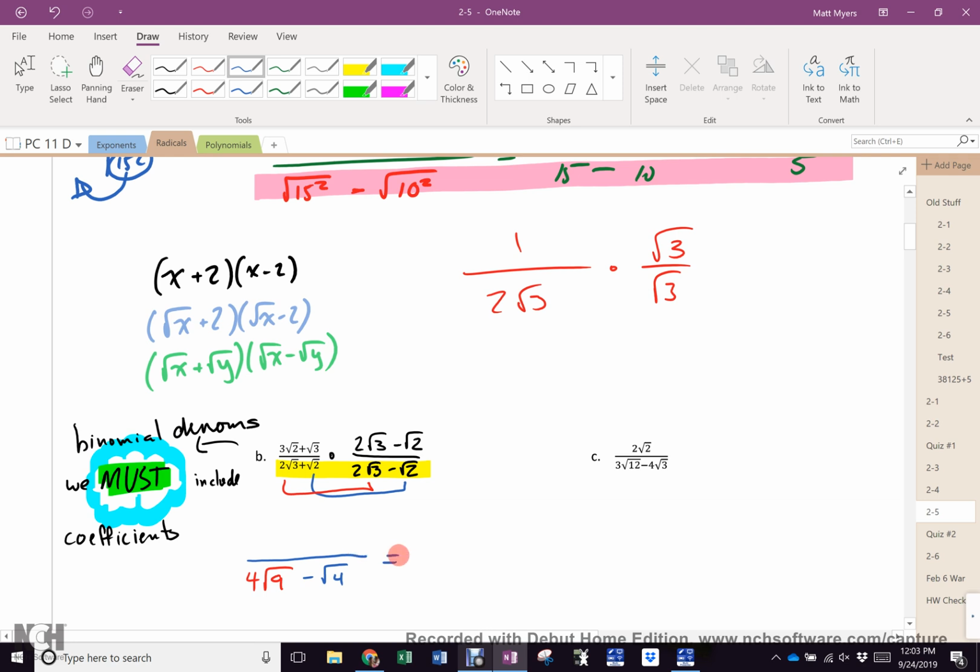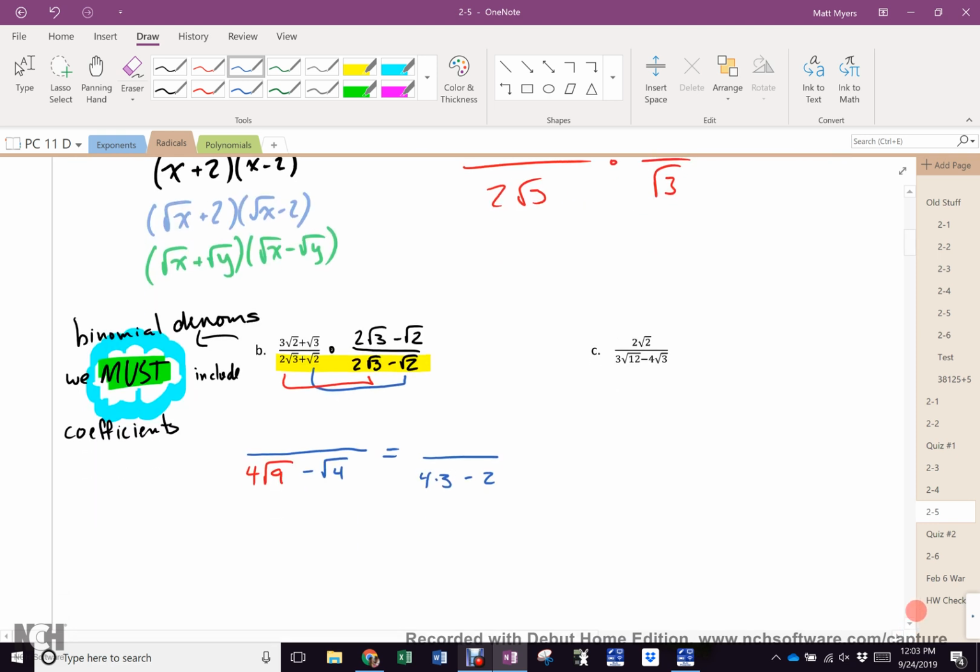Now I said finish as far as you can. Well, that is 4 times 3 minus 2, which equals 12 minus 2, which equals, oops, sometimes what an idiot. Sorry, everyone. 12 minus 2, which equals 10. And now I can forget about the denominator. It was easy. Let's get it out of the way. I'm halfway done the question.